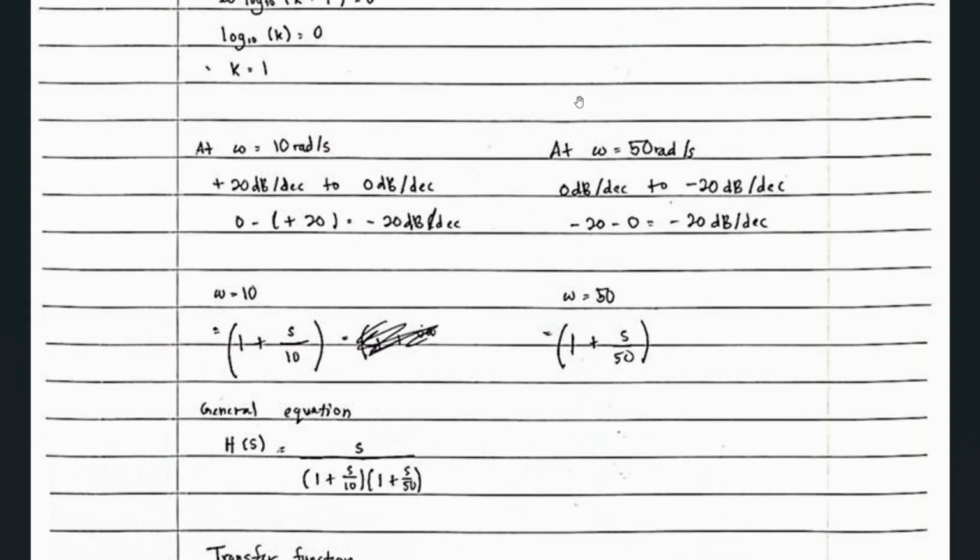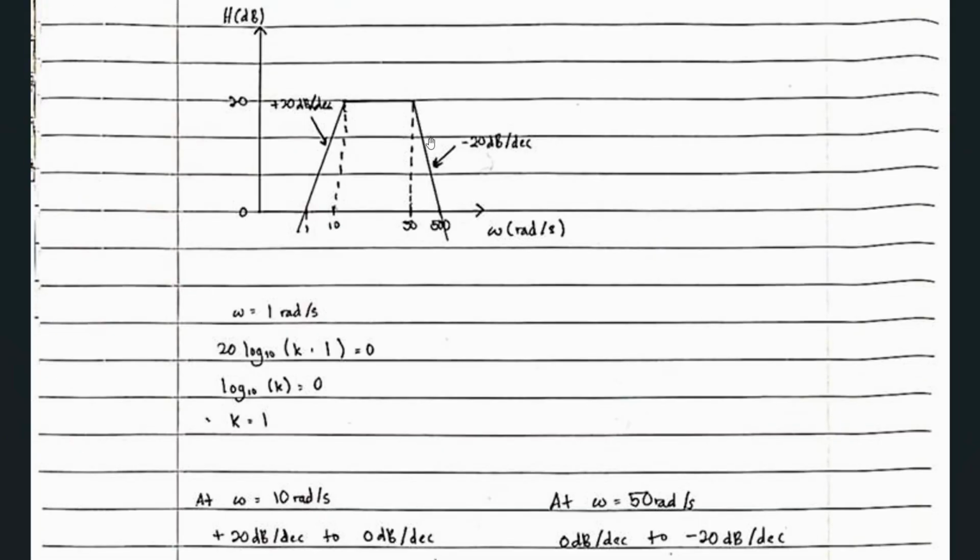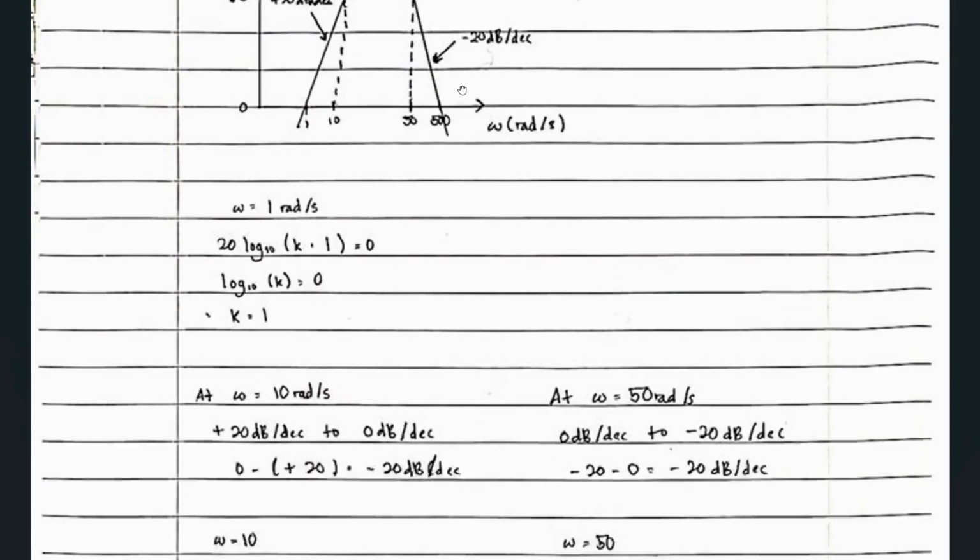Next, we need to find omega equals 50 radian per second. The slope changes from 0 decibel per decade to negative 20 decibel per decade.